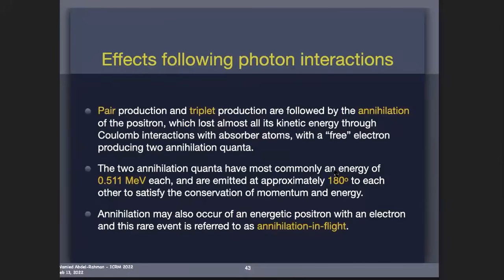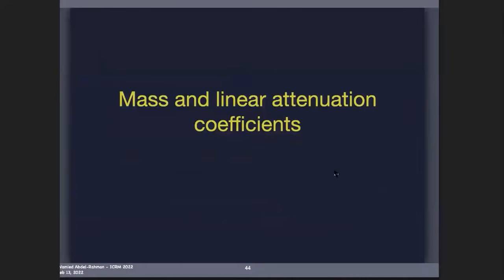For pair and triplet, since the positron is produced, the positron after it loses its energy is going to interact or annihilate with one of the orbital electrons in the medium, and we get two annihilation photons of 0.511 MeV. Annihilation may also occur in flight, and in that case, we can have 1, 2, or 3 photons emitted. But most of the time, the annihilation will happen when the positron loses all of its energy.